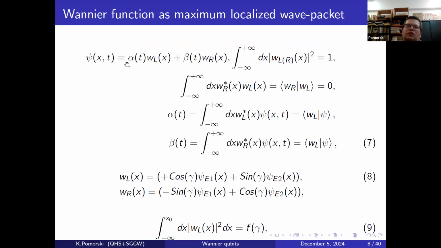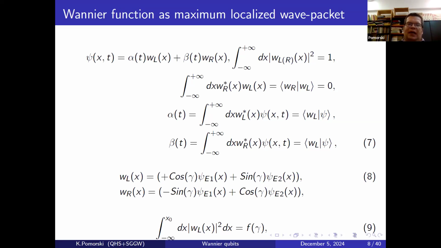Quite naturally, modulus alpha squared is the probability of having the zero logical state, and modulus beta squared is the probability of having the one logical state. And these orthonormality properties are specified here. Then you can always project the left and right Wannier functions on wave functions that you are used to from your various schools and textbooks. That's the prescription given by formula number 7.